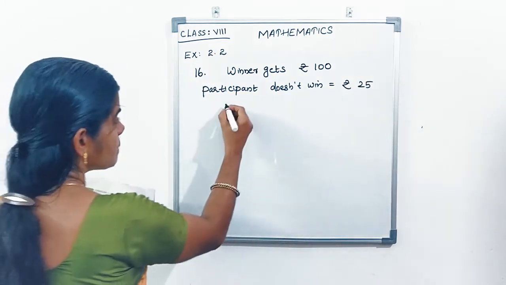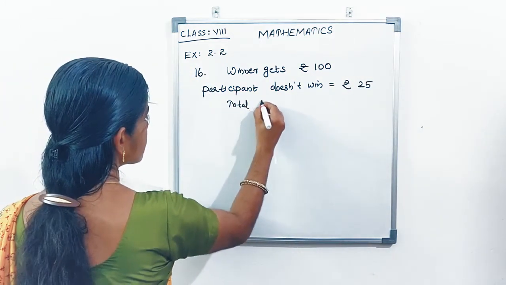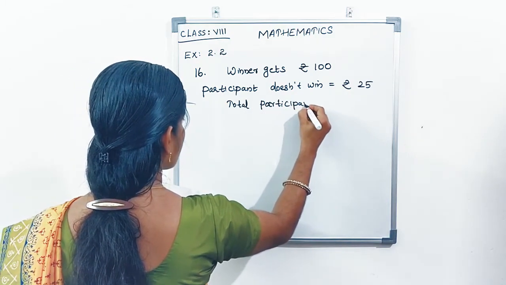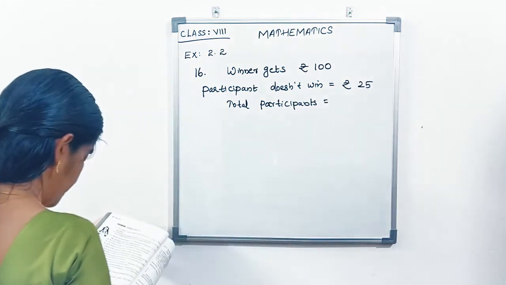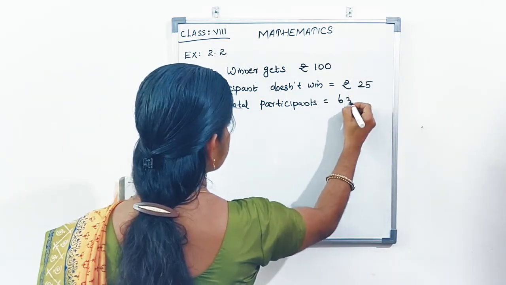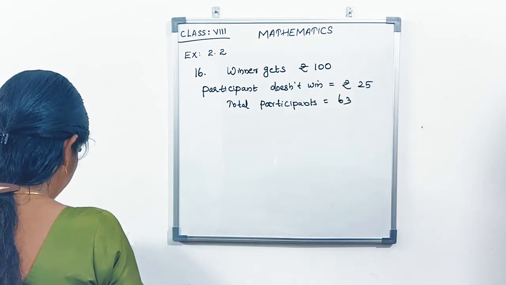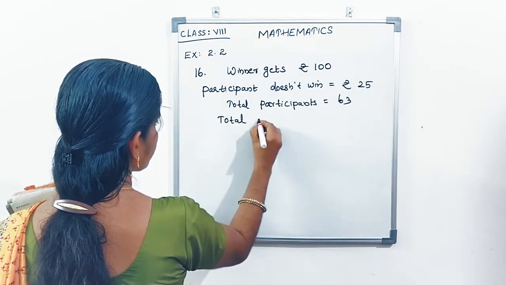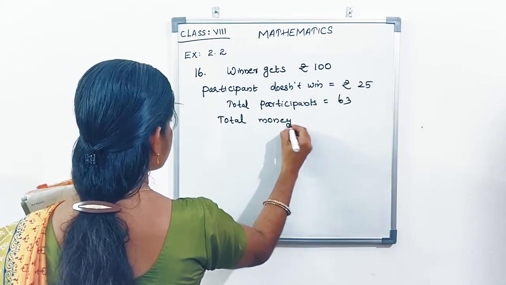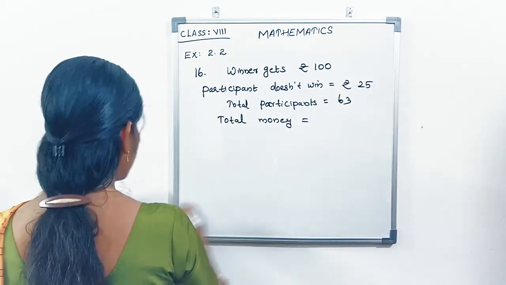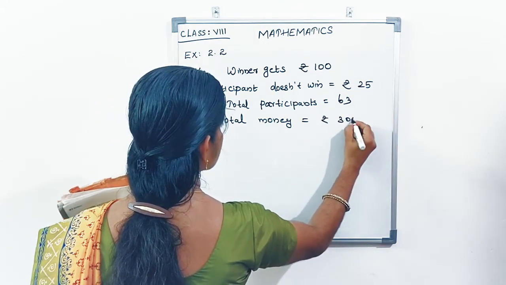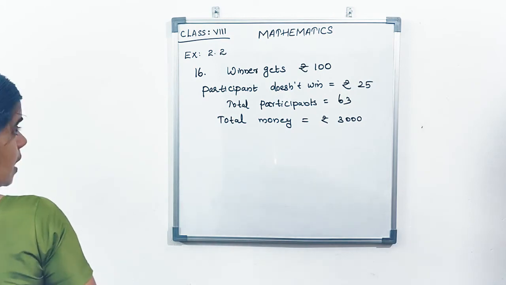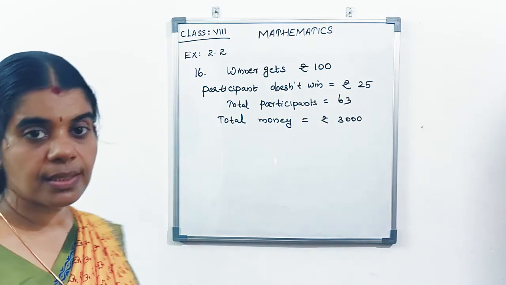How many participants are there in total? 63 participants are there. And the total money distributed for the prize is 3000 rupees. This much information is given. You want to find out the number of winners. Clear the question?